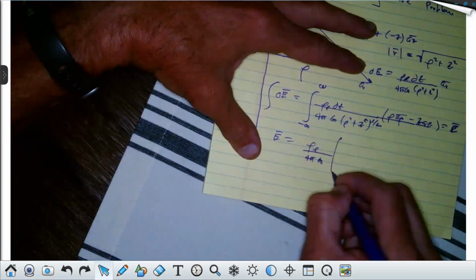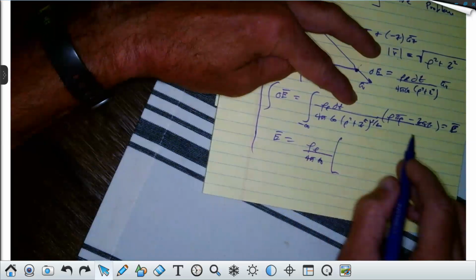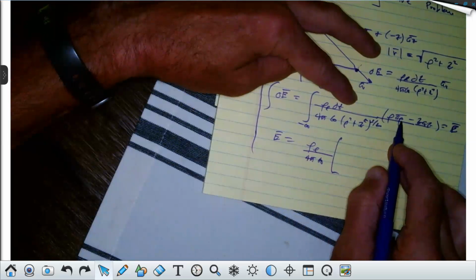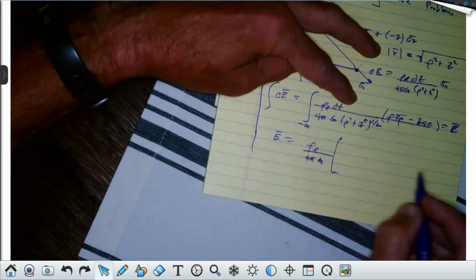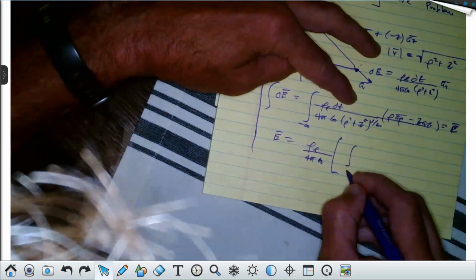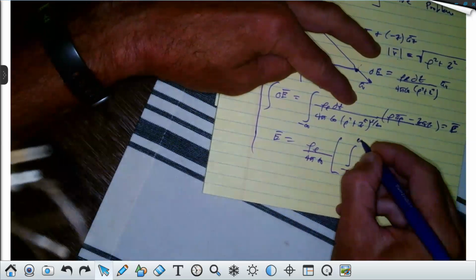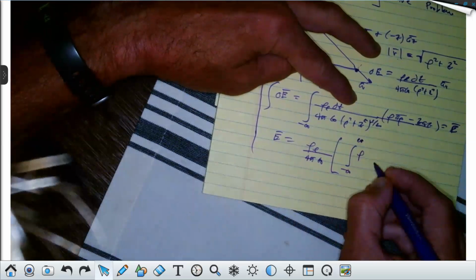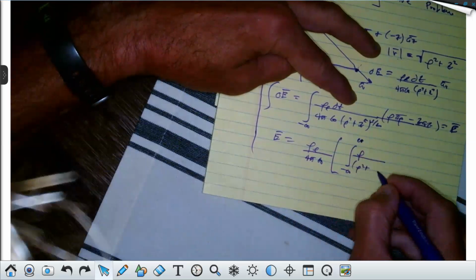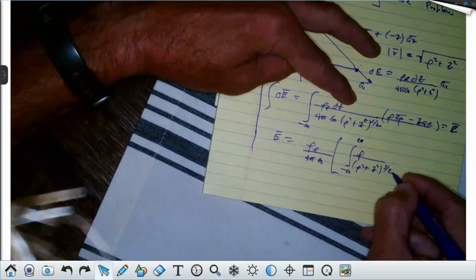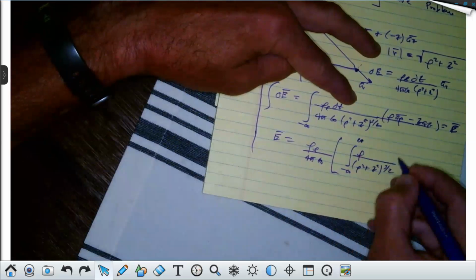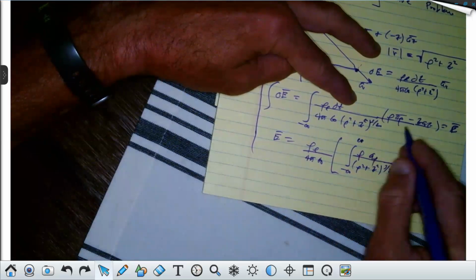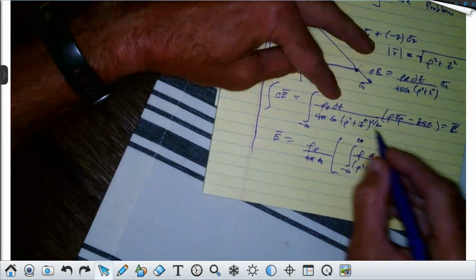And now I have two forms of the integral. The first form I have is rho A rho over rho squared plus Z squared to the 3/2. So then I have the integral from minus infinity to infinity of rho over rho squared plus Z squared to the 3/2 power. And that's in the A rho direction. And it is still an integration dz.